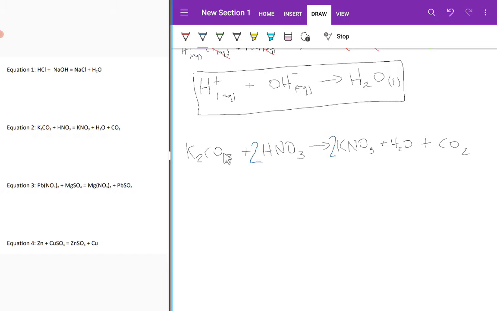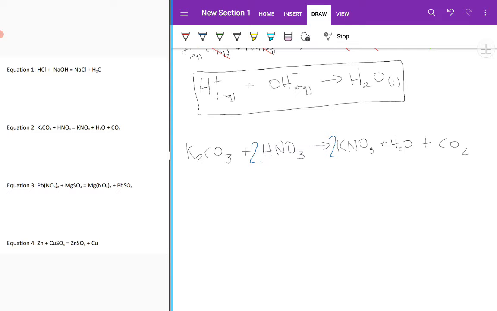And for the carbonate, we have one C, three O's on the left. Two O's from the CO2 plus one O from the water gives us a total of three O's. So three O's on the left, three O's on the right. So our equation is balanced.